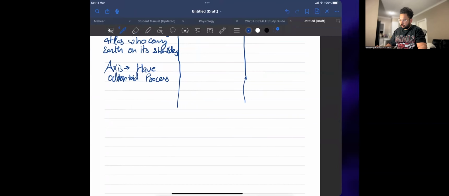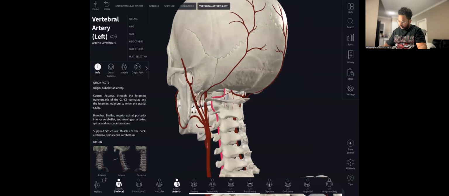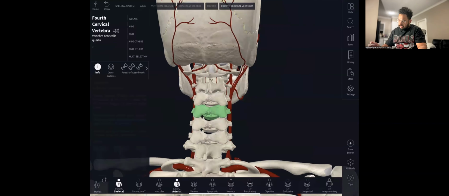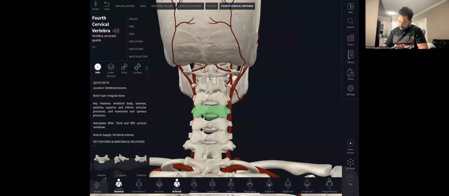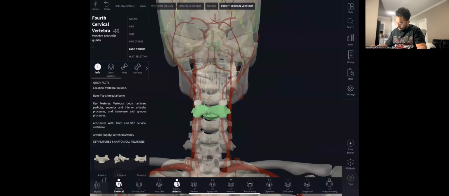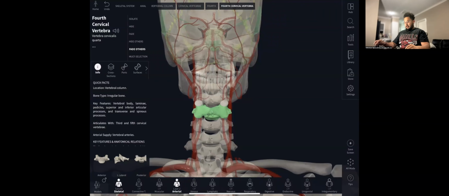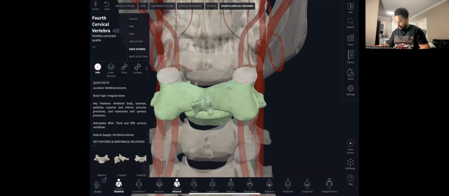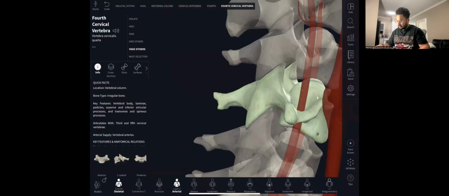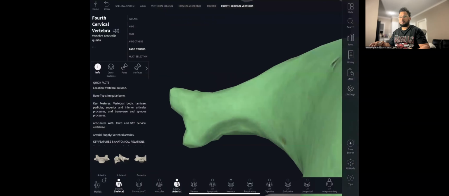Now let's talk about the normal features of a cervical vertebra. I'm taking the fourth vertebra here. So basically, in a cervical vertebra, we all know it has a spinous process. This whole thing, spinous process, basically means pointy surface.